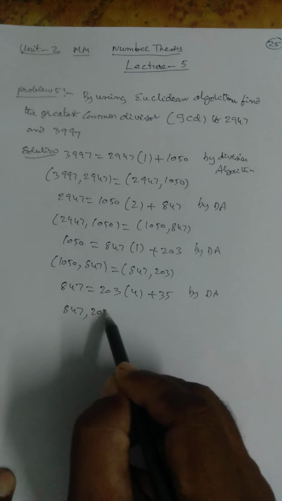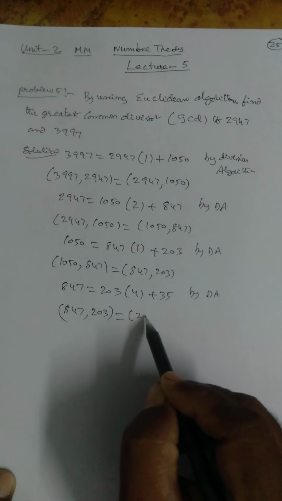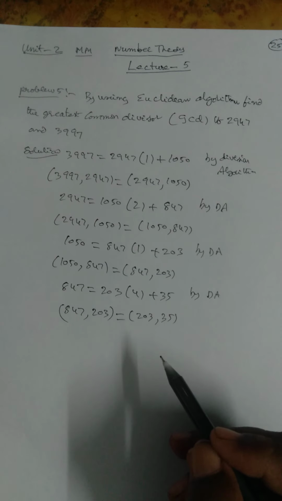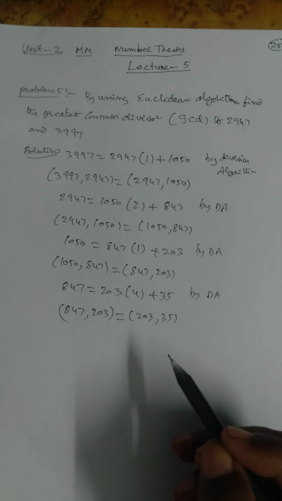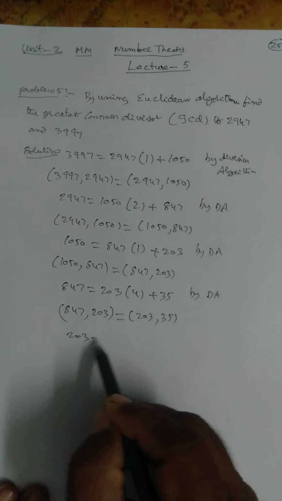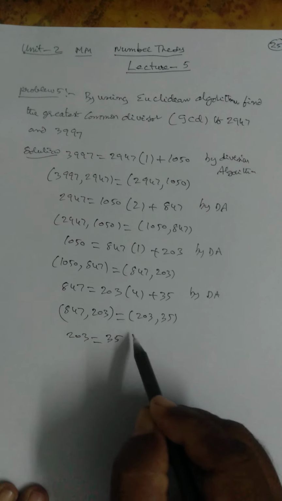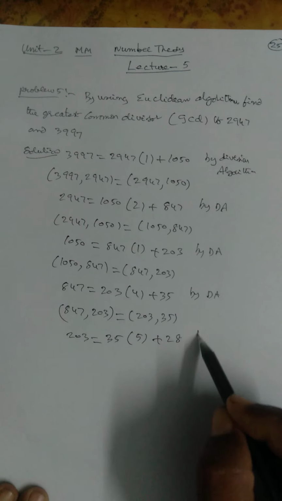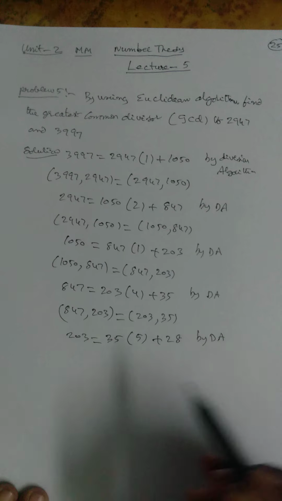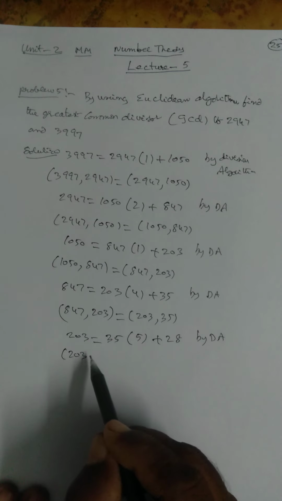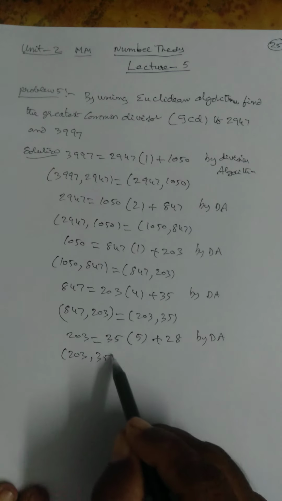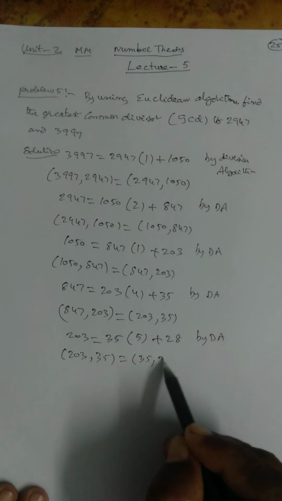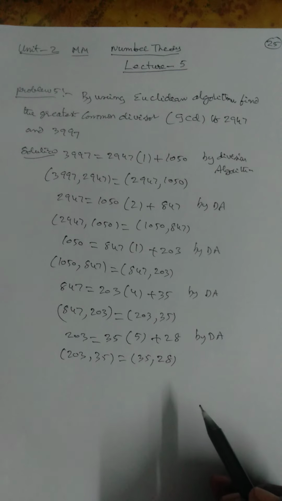847 comma 203 GCD is nothing but 203 comma 35 GCD. Now you write 203 is equal to 35 into how many times? 5 times plus remainder 28 by division algorithm. 203, 35 GCD is nothing but 35, 28 GCD.